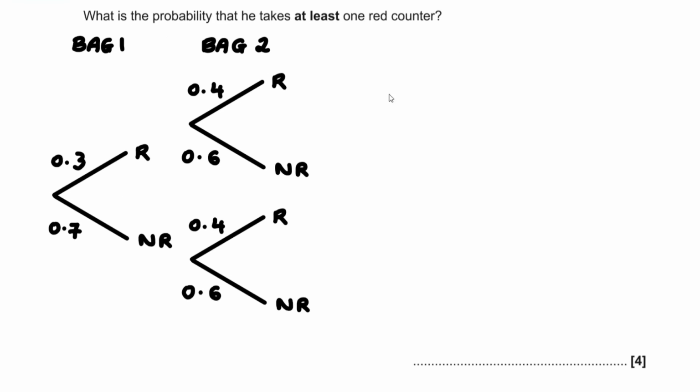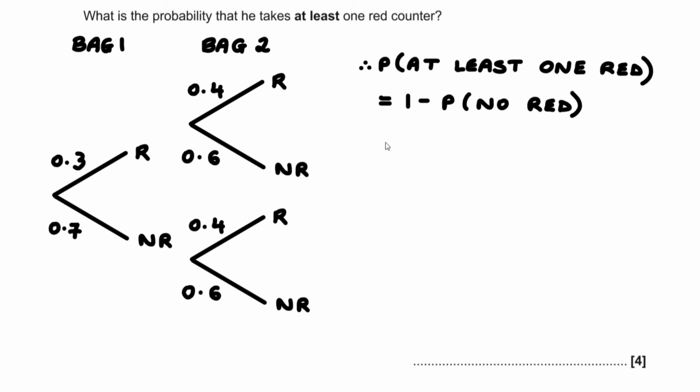So we want at least 1 red. The probability of at least 1 red is equal to 1 subtract the probability of no red. So, what is the probability of no red? Well, I've got 1 subtract, and then here I've got no red, followed by another no red.